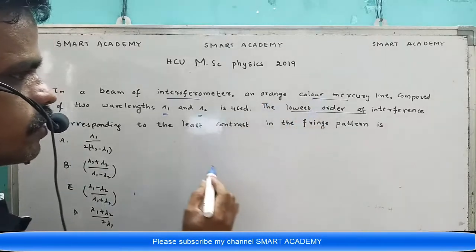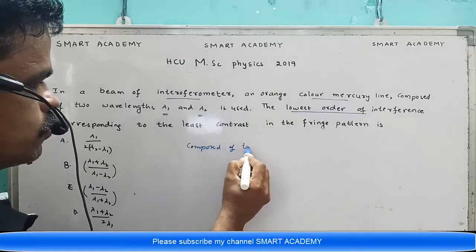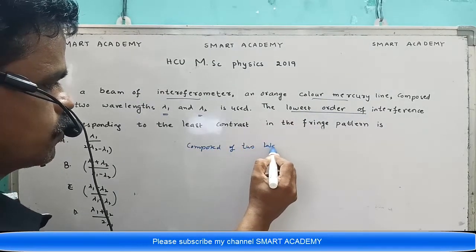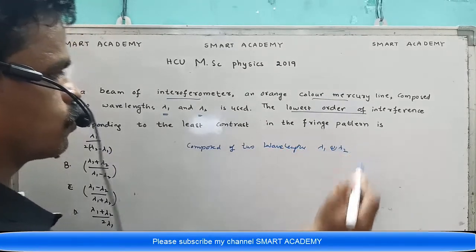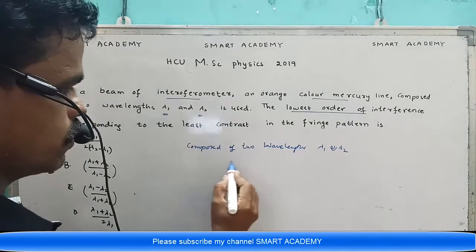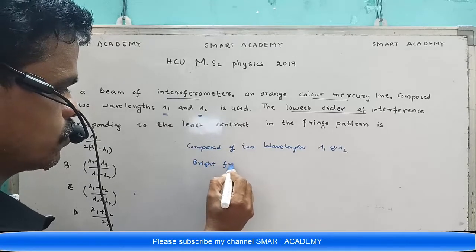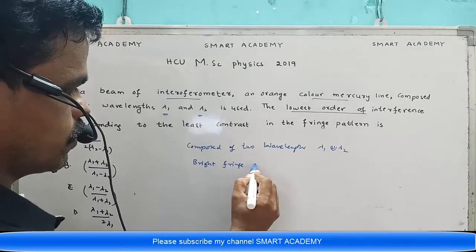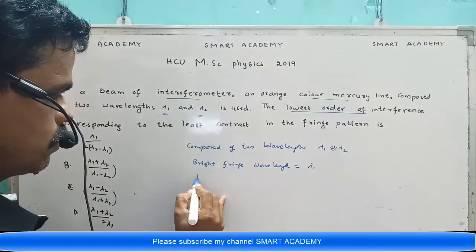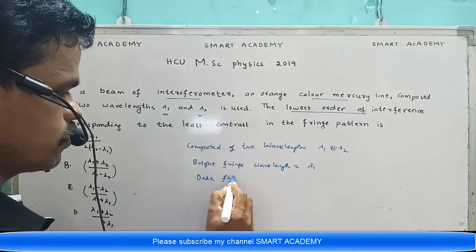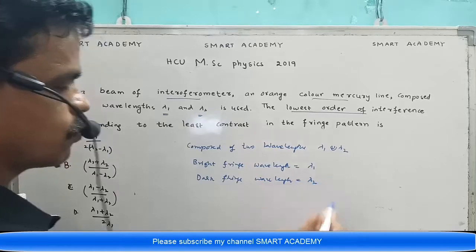See, the orange color mercury line is composed of two wavelengths, that is lambda 1 and lambda 2. So here the bright fringe wavelength will be lambda 1, and the dark fringe wavelength will be lambda 2.